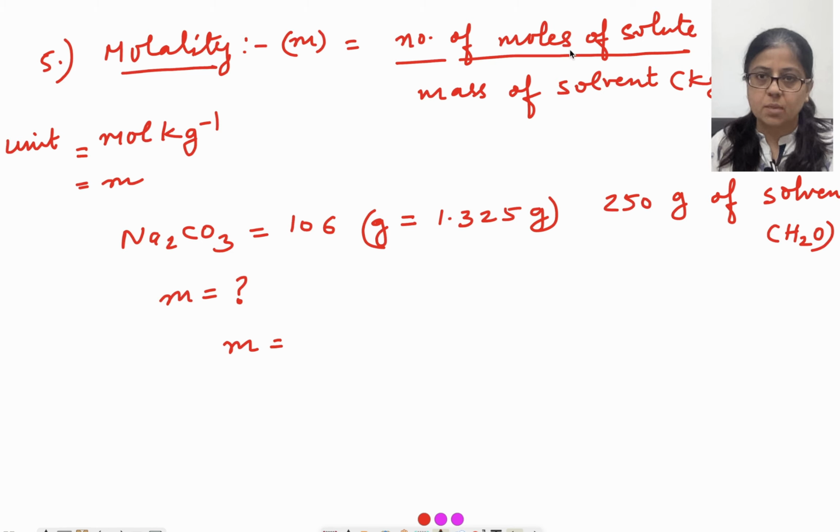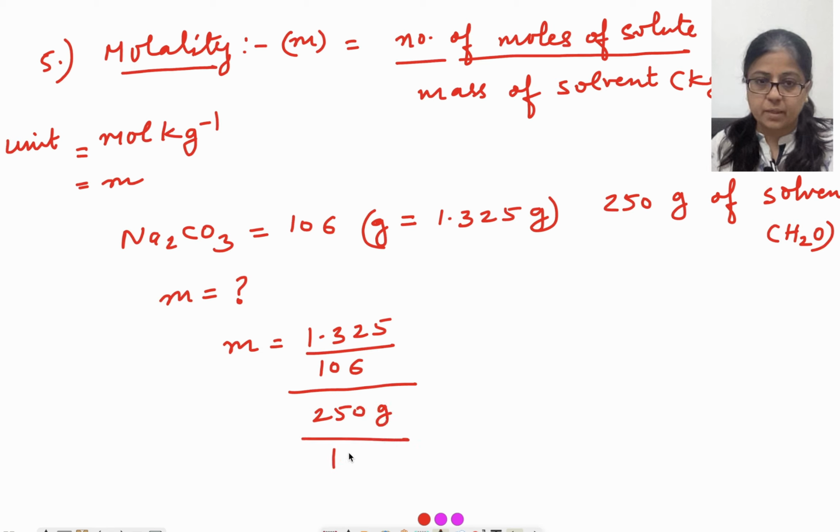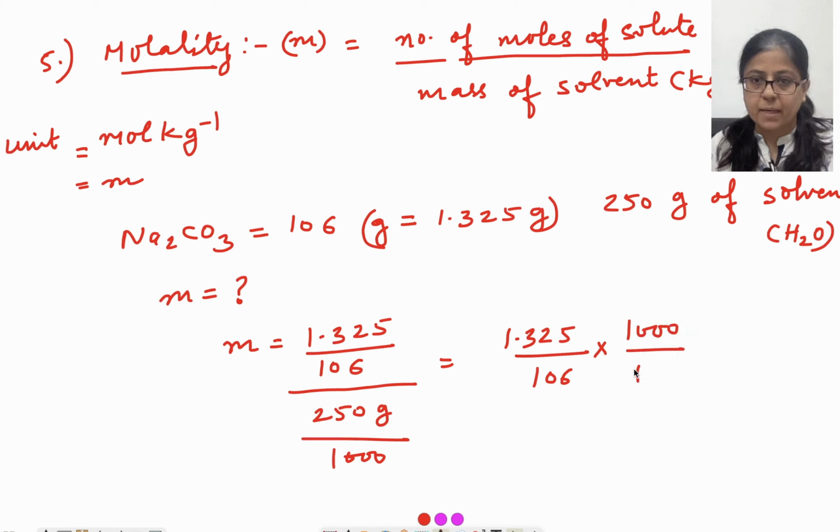First of all, we will calculate the number of moles of solute. We divide the mass of the solute, 1.325, by the molecular mass 106 gram per mole, and this will be the number of moles. We will divide it by the mass of the solvent. The mass of the solvent is 250 gram, divided by 1000 to convert into kg, so this is equal to 1.325 divided by 106 into 1000 by 250.